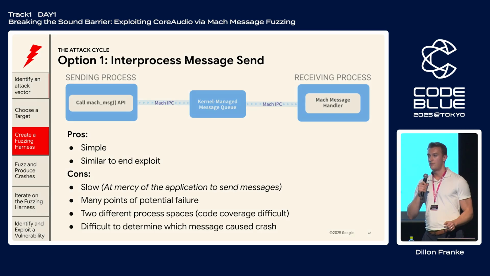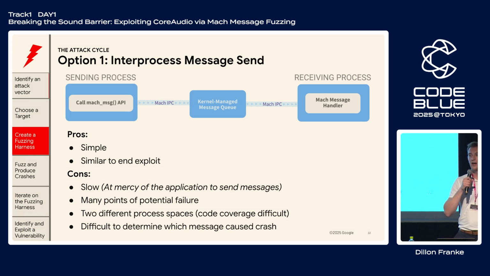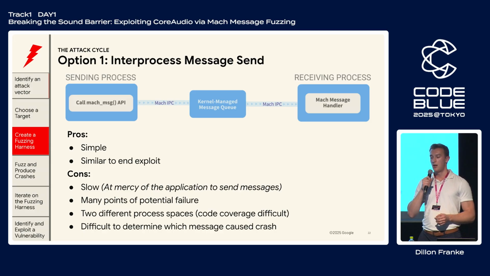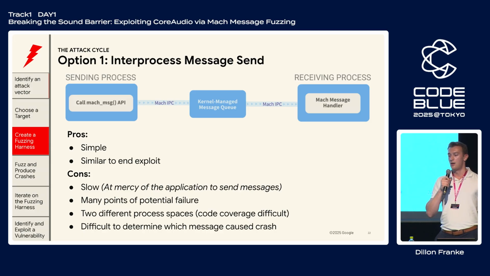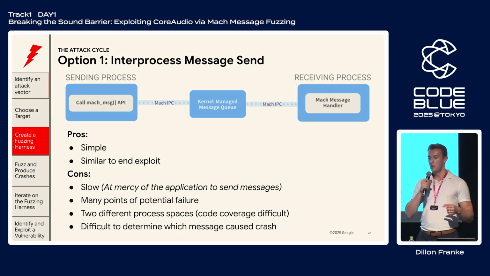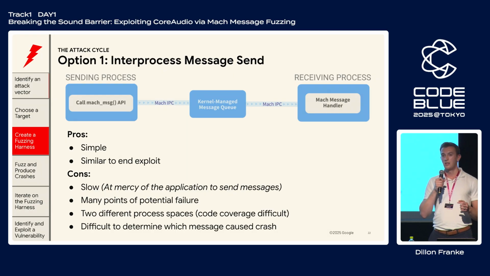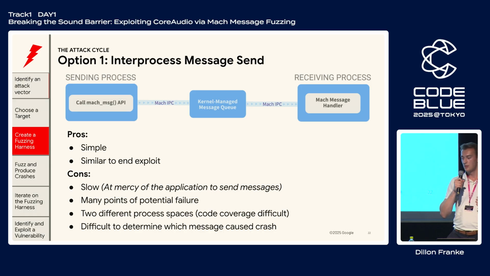So the pros of this, it's very simple, and it's very similar to how we will actually exploit the bug if we find one, but it's very slow. We have to wait for the application to send messages and have the kernel process them. There's also many points of potential failure since we're involving the kernel here in two different processes.